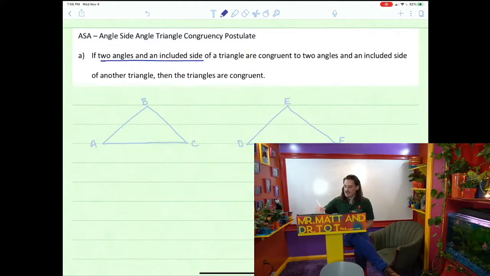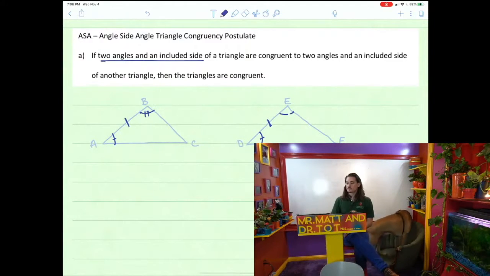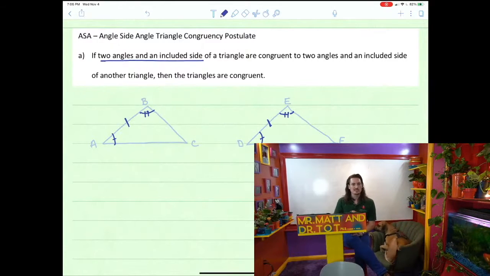So if angle A is congruent with angle D between these 2 triangles, and side length AB is congruent to side length DE, and angle B is congruent to angle E, then this would prove that these 2 triangles are exactly the same triangle because of the angle side angle congruency postulate.